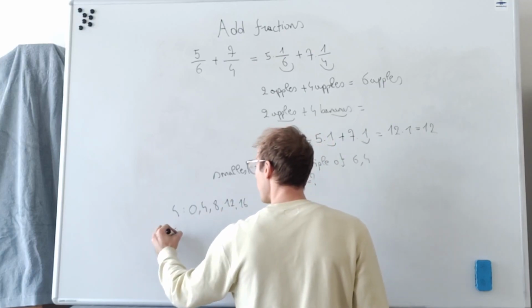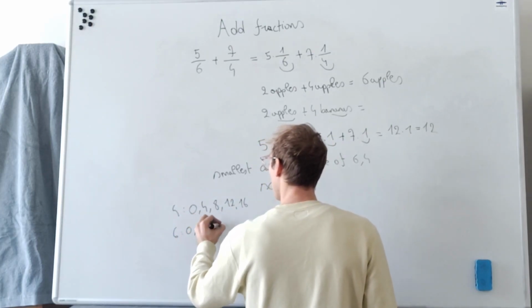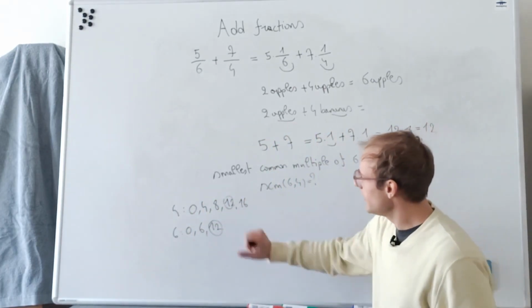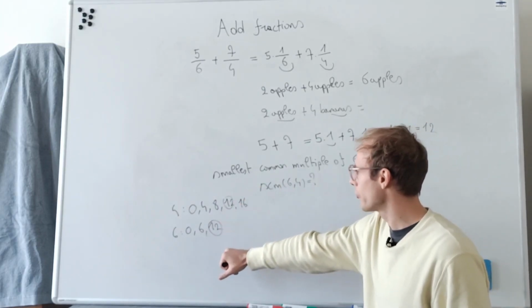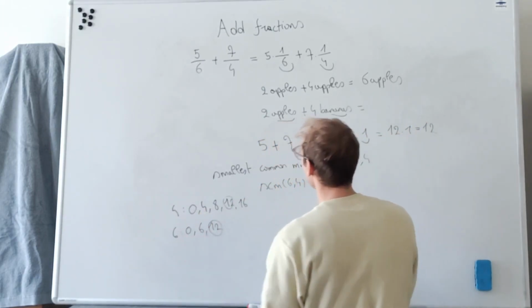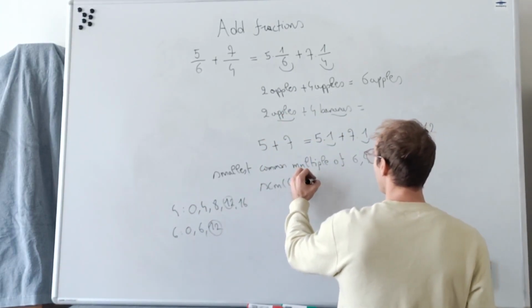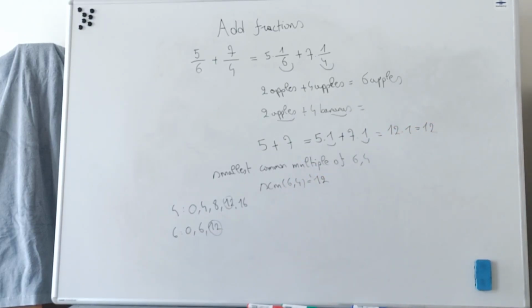We can start doing that for 6: 0, 6, 12. So 12 appears in both lists, because these are the multiples, and it's the smallest one. Forget about the 0, because 0 can never be a denominator. So this is just 12. This works, but if your numbers become very big, this can be kind of annoying.